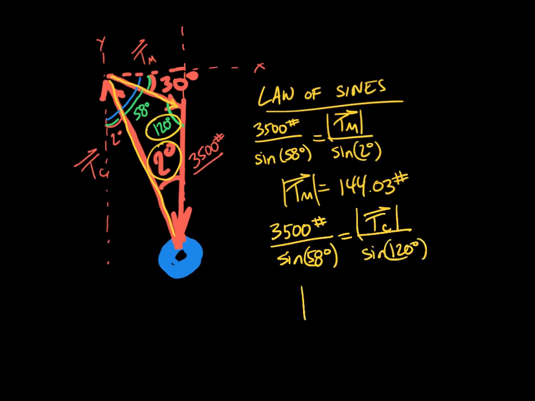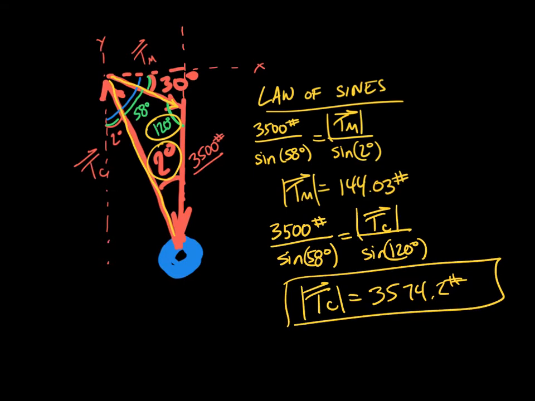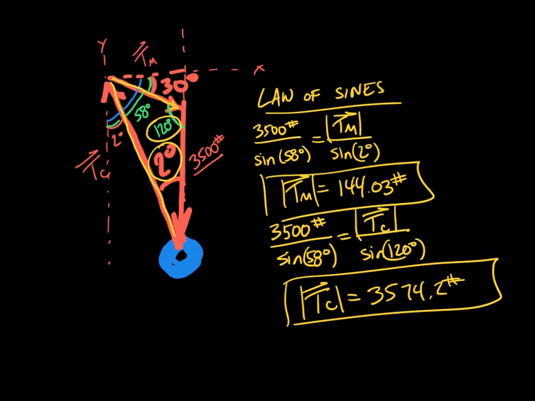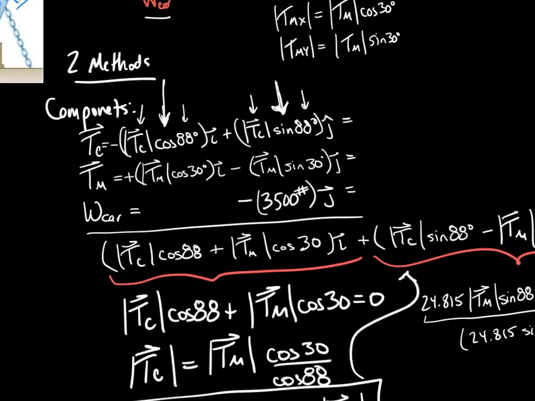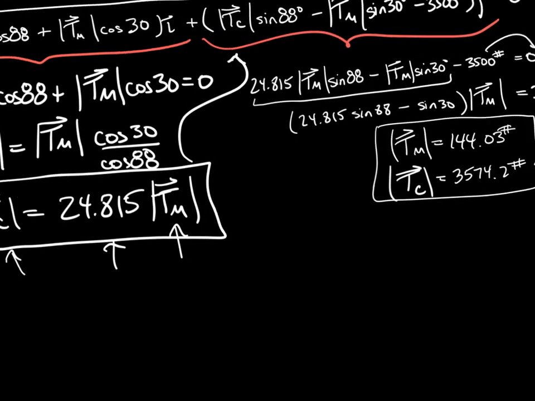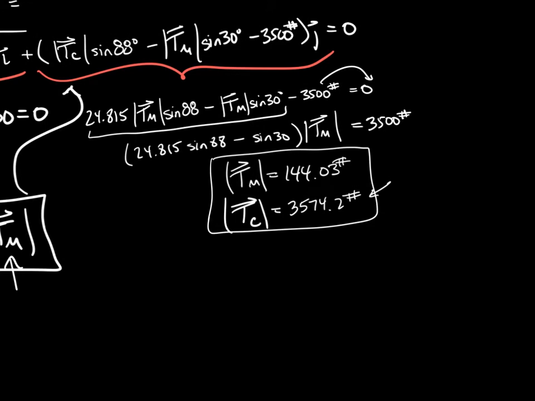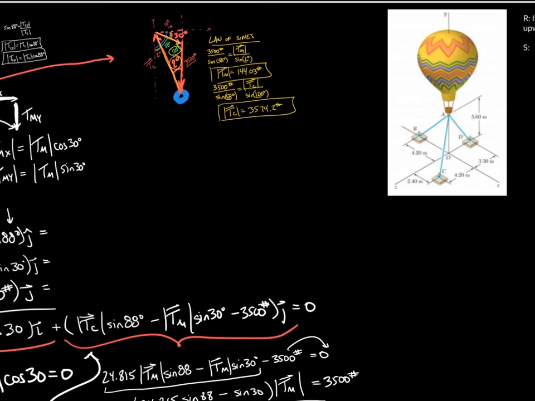Okay, so we're going to go ahead and solve for that. And Tc equals 3,574.2 pounds. Which I'm assuming is going to match 3,572.4, 3,574.2. Yeah, okay. I said it wrong.